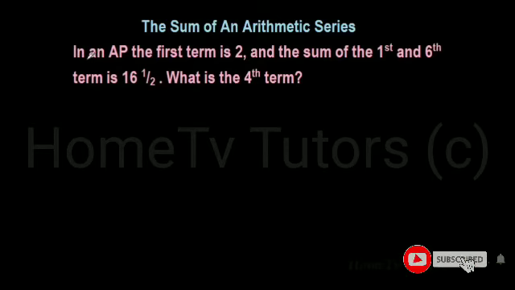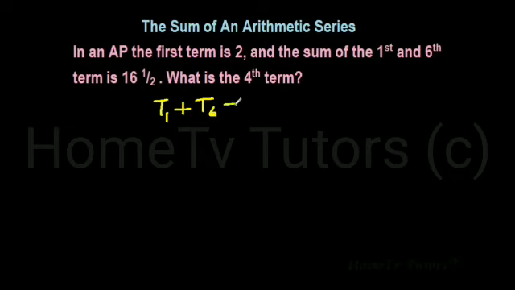Okay, so as the question goes, it says the sum of the first and the sixth term. Let T1 be the first term, plus the sixth term, both give us 16.5.